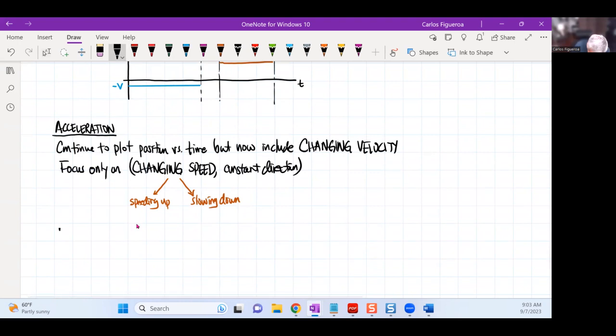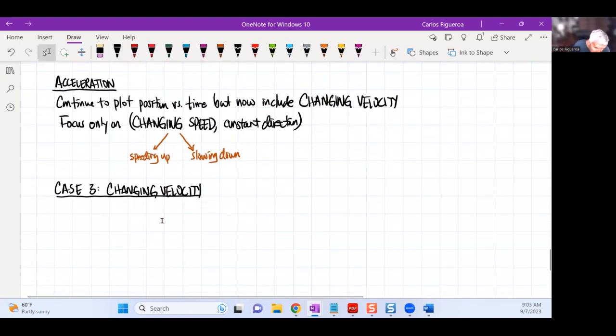So this will be case 3. We're going to be talking about changing velocity. So what do I mean here?